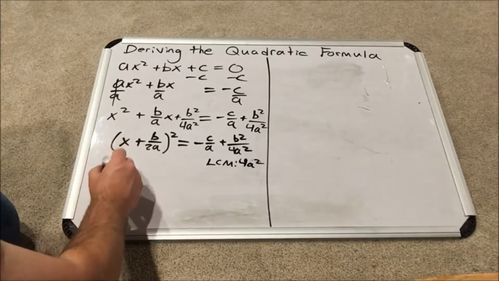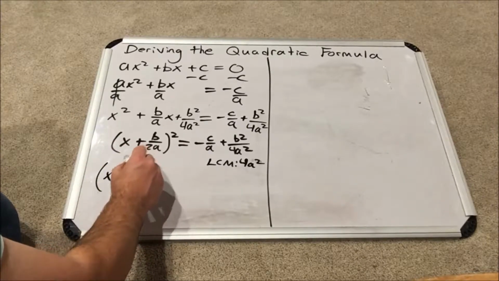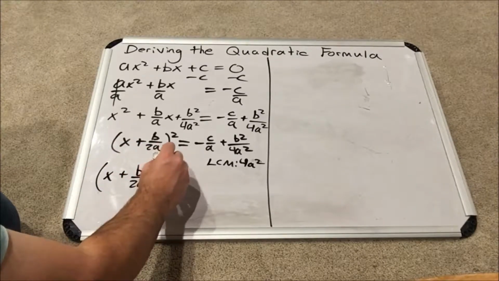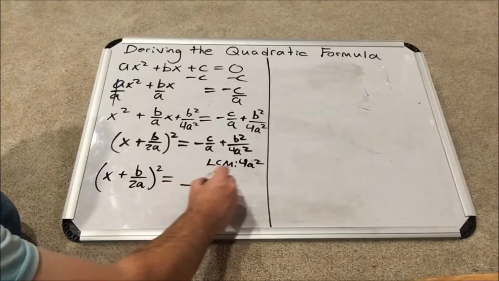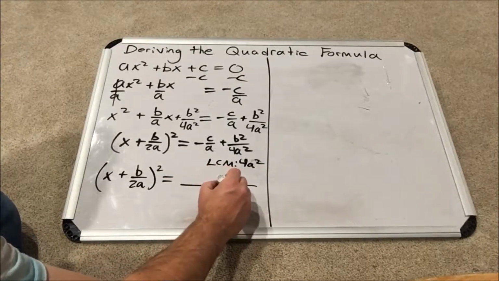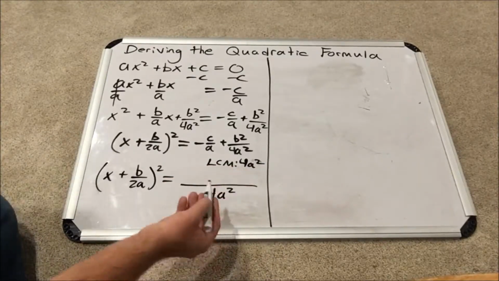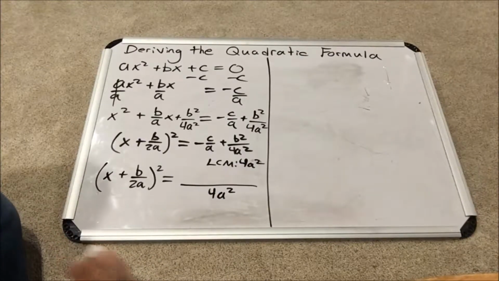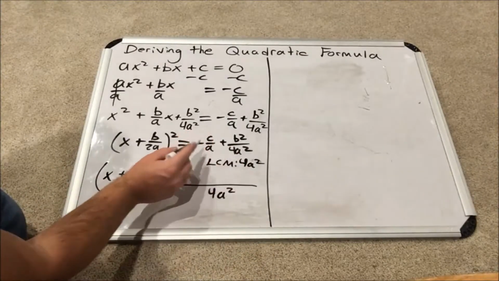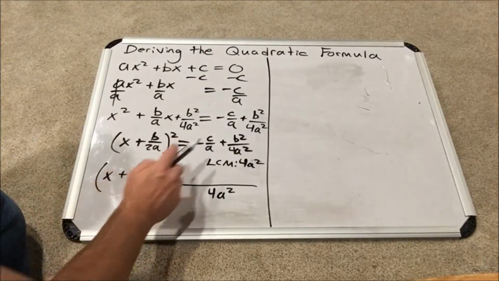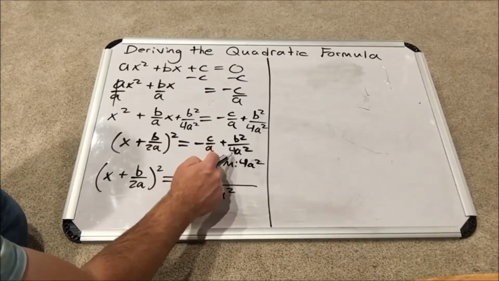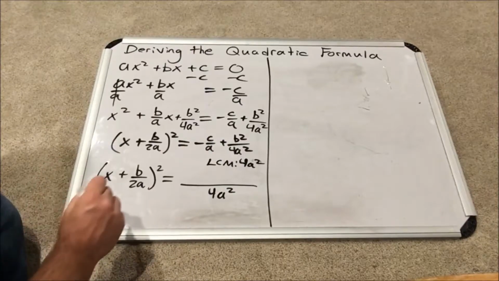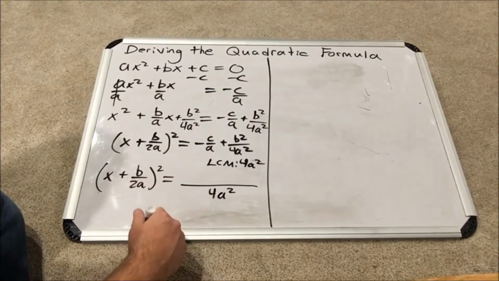So now we're going to rewrite this right-hand side. It's 1 fraction now with the least common multiple, often when we're doing fractions called the least common denominator, downstairs. On top, we have the first fraction, which was missing the 2 unique factors of 4 and a. So we have to multiply the top by 4a.